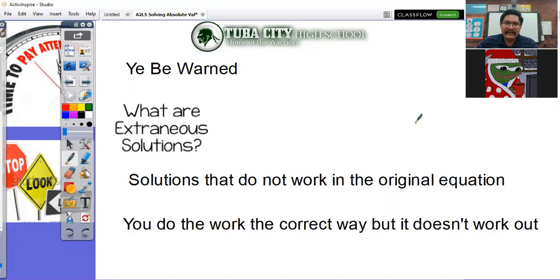So you plug them back in, you check it, and it just doesn't work out. You just don't get the exact same thing. As I sometimes explain it, you did the work the right way. It's not your fault. You followed exactly what you were supposed to do, but it just doesn't work out.